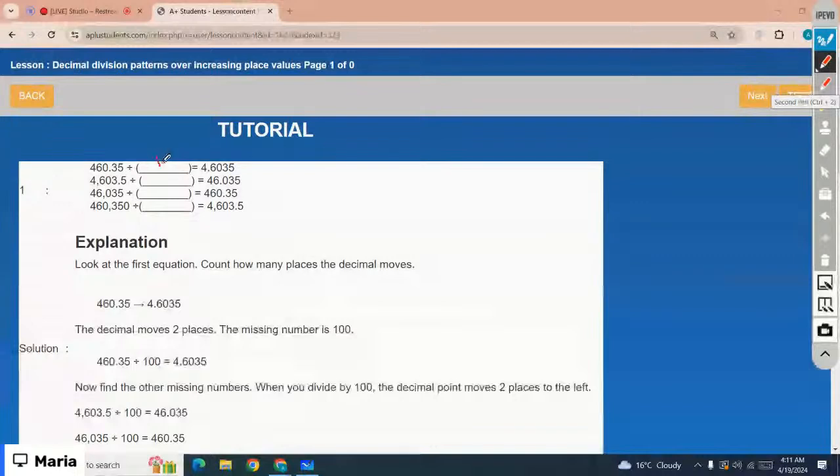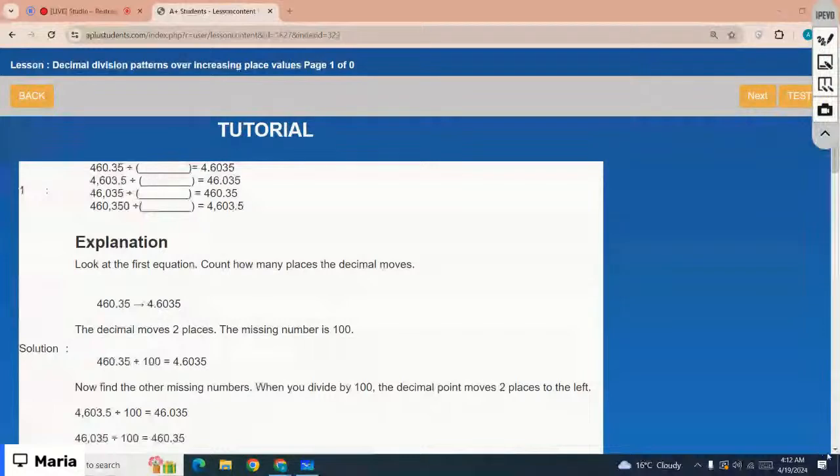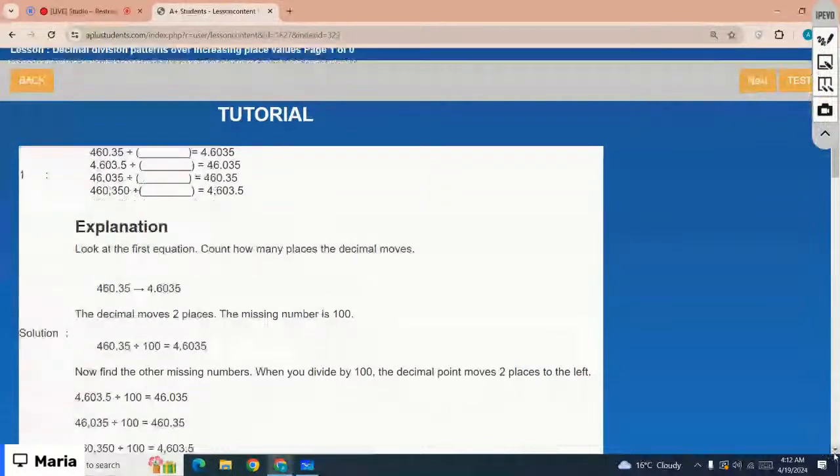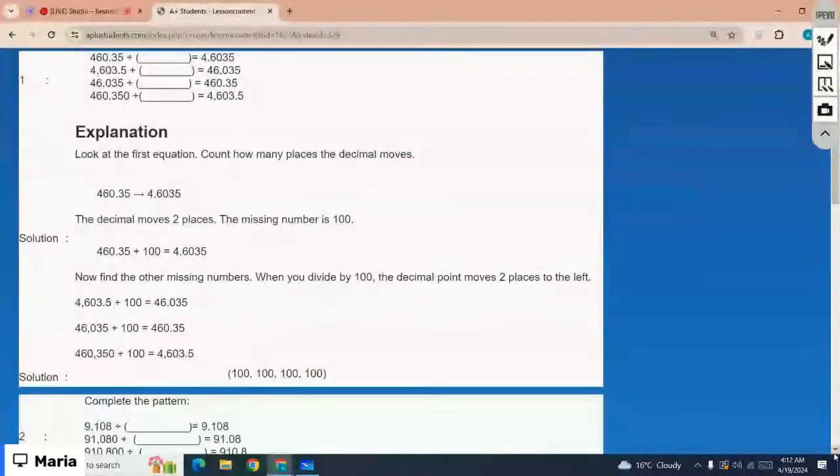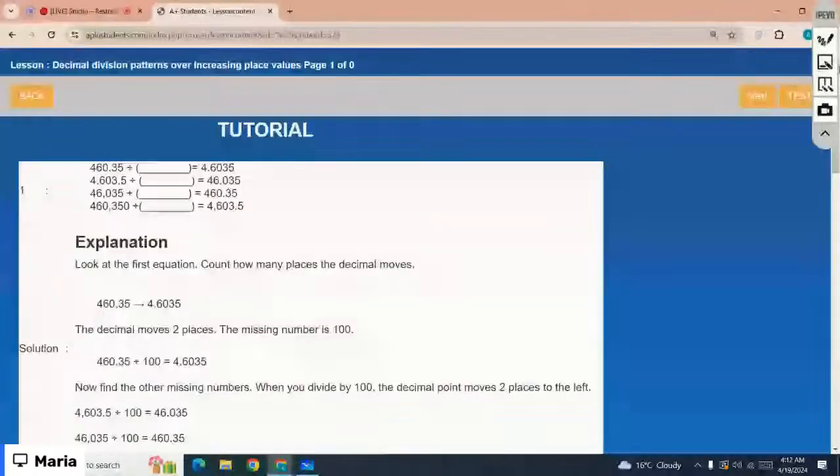You don't have a decimal point over here. They all are divided by 100, right? So the correct option is 100.